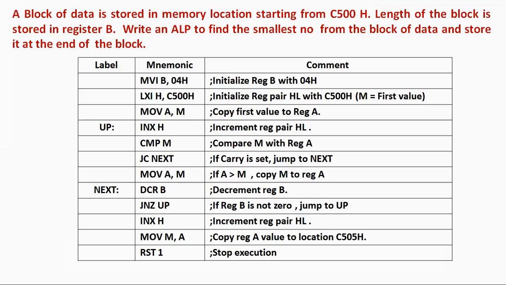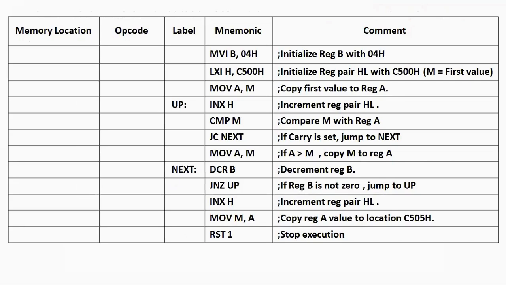Now, if I want to execute this program, then for the execution, we are going to add 2 more columns: memory location and operation code. Operation code means what? Suppose I want to enter this instruction MVI B, 04H.